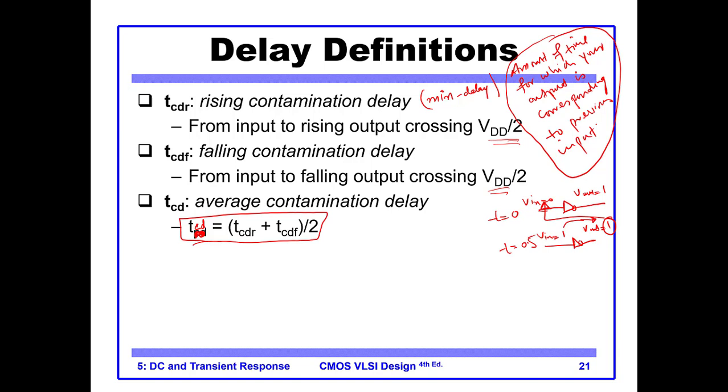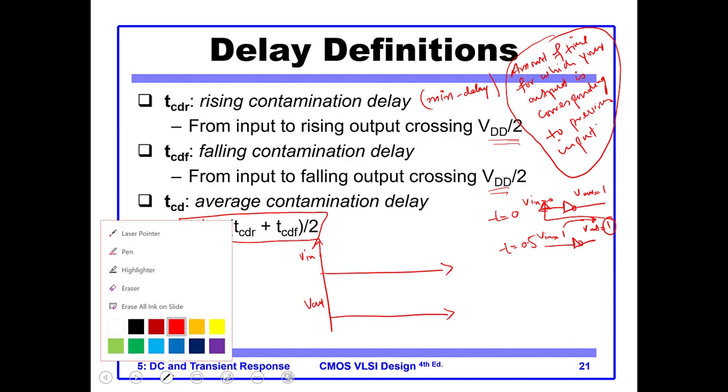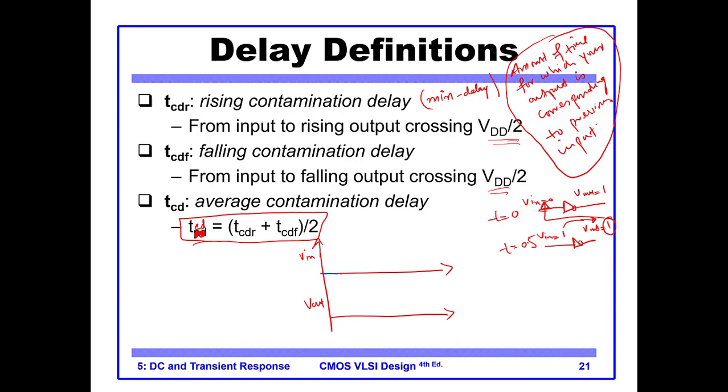Let me explain it a bit further, although it's not here. To convey the concept of the TPD and TCD, let's say here is our Vin and here is our Vout. So let me change the color. Let's say that our input is 0 1 0 1.